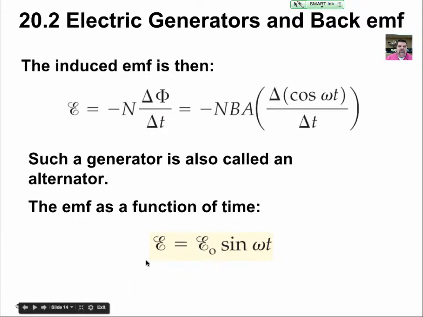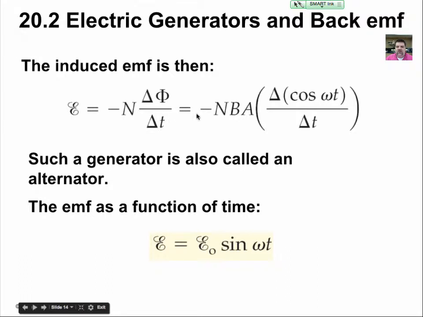And so the induced EMF is then equal to the negative of the number of turns times delta phi over delta t, or the magnetic flux over time.